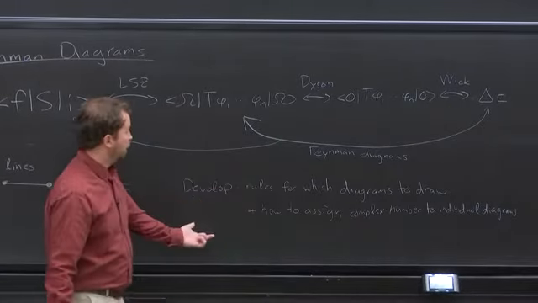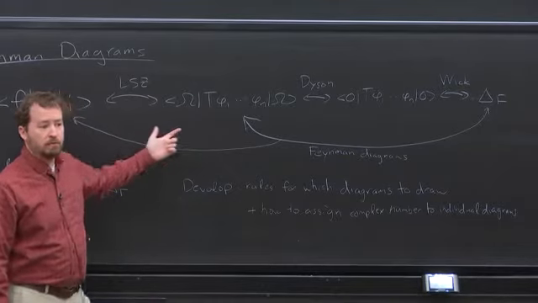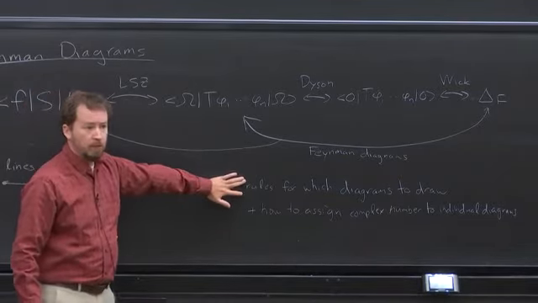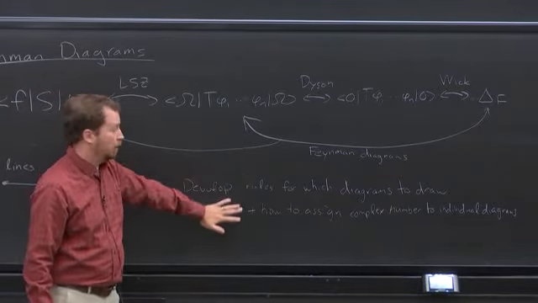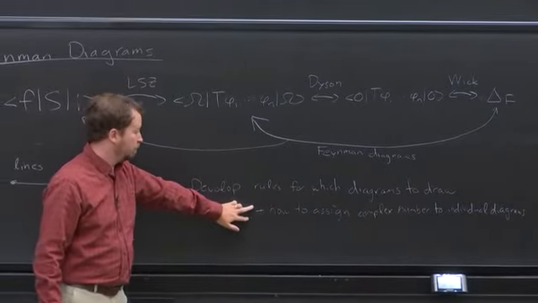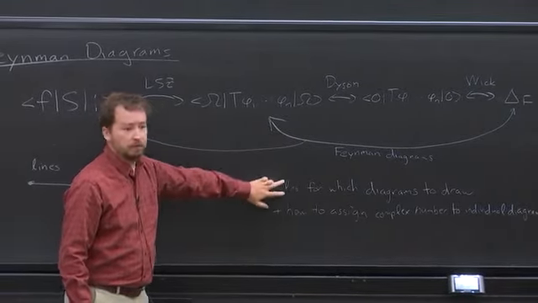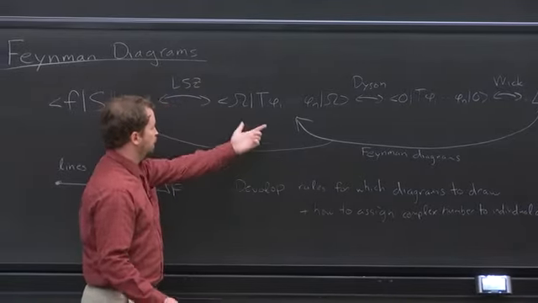So the rules will depend on which quantity we're calculating. If we're calculating a different quantity, we may need to consider a different set of diagrams, and we might have different rules for assigning complex numbers to those diagrams. Those will all be related.